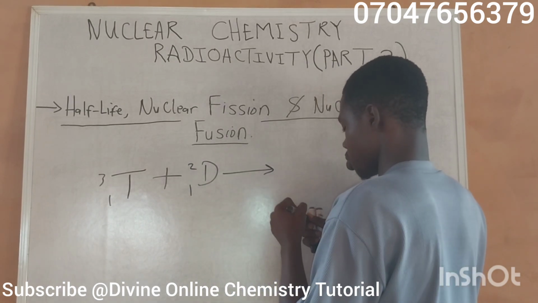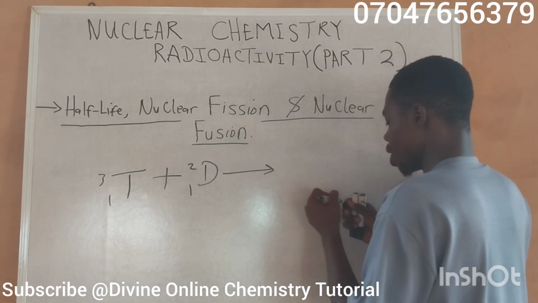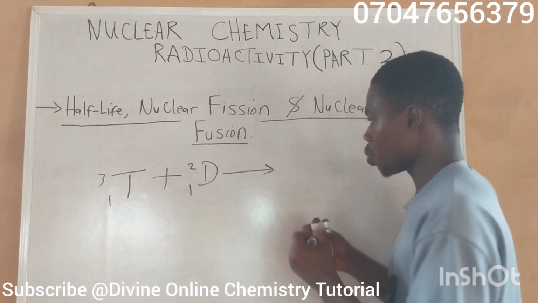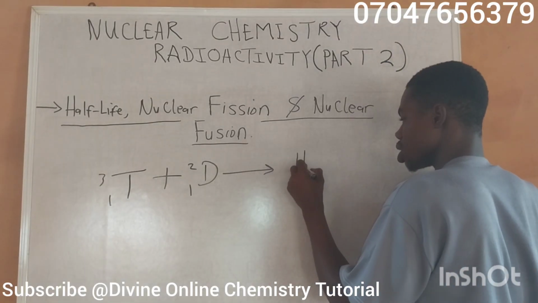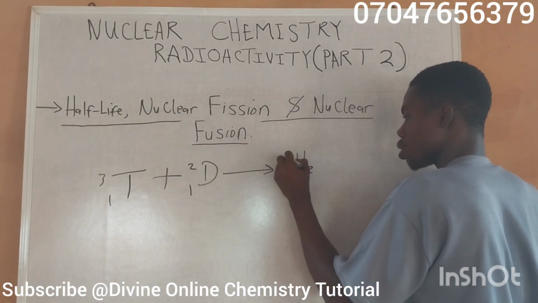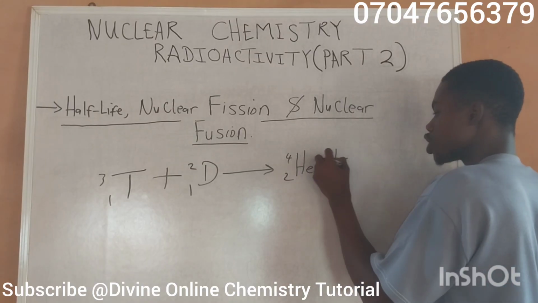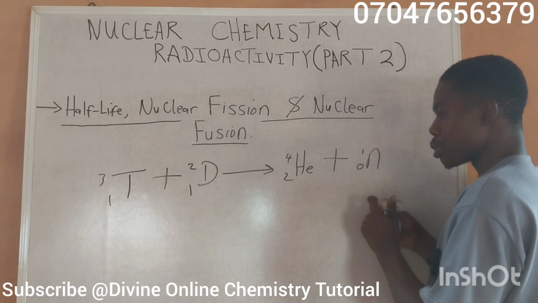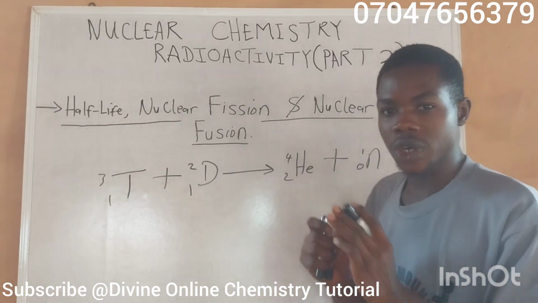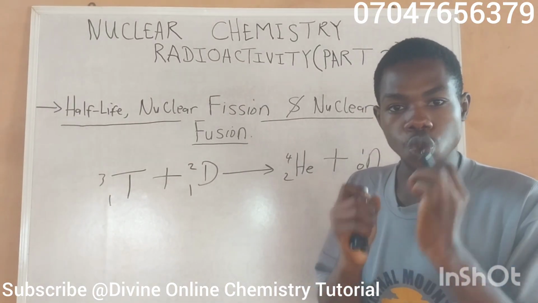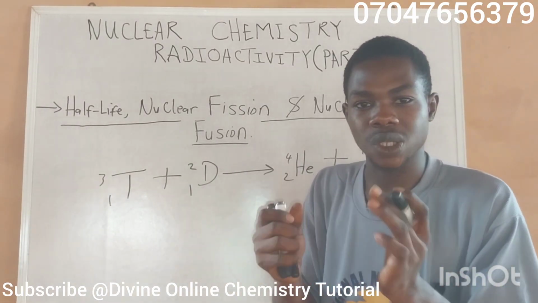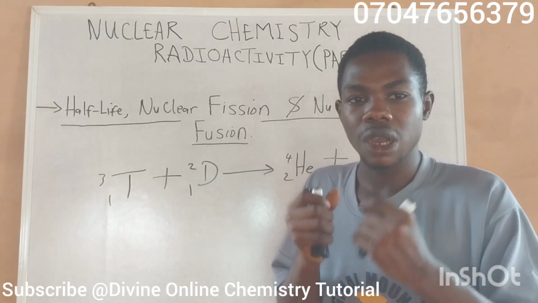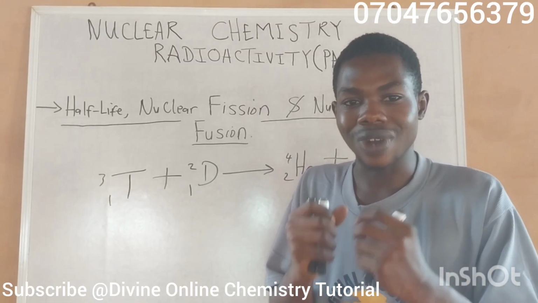So if they add together, it will give us an alpha particle, which is actually a helium nucleus, 4,2, plus neutron. Are you seeing it now? Plus neutron. So in nuclear fusion, 2 or more nuclei fuse or combine together to form a heavy nucleus with a release of energy and radiation.